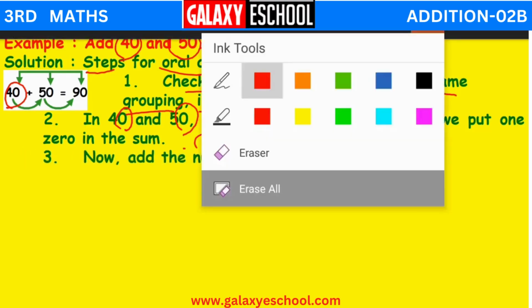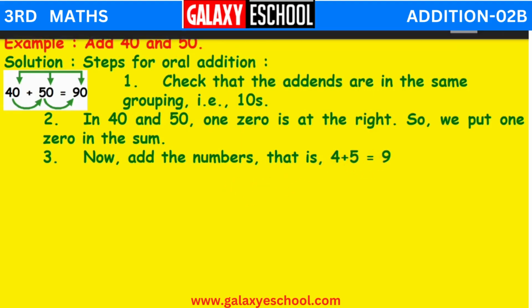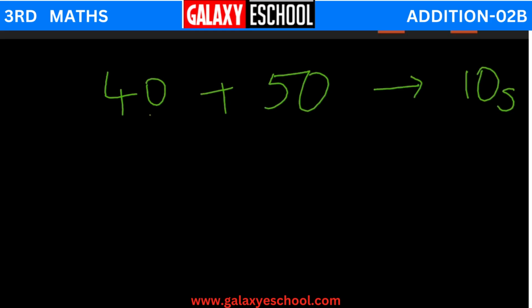Now coming to our third step, what will it be? Now add the numbers, that is 4 plus 5 equals 9. See children, we had 40 plus 50. They are from the same group, that is tens. Now what did we see? We saw that both the numbers have 0 in the first place from the right.